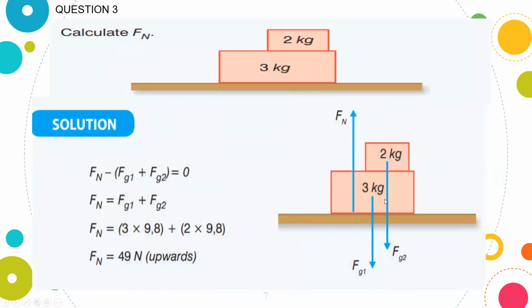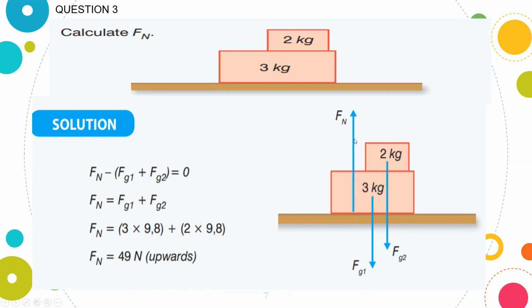Now, people, as you see, we have gravitational force 1, Fg1, and then Fg2. We have 2 forces because we have 2 objects. As you see, both of them coming from center of object, Fg1, Fg2.